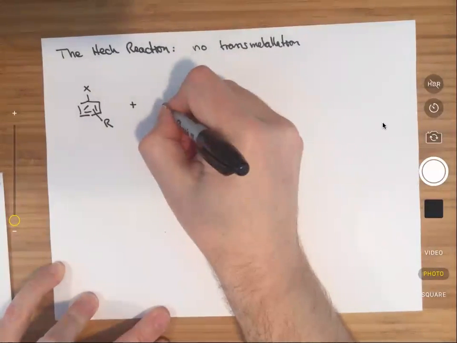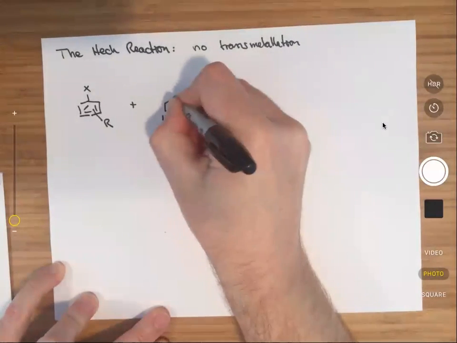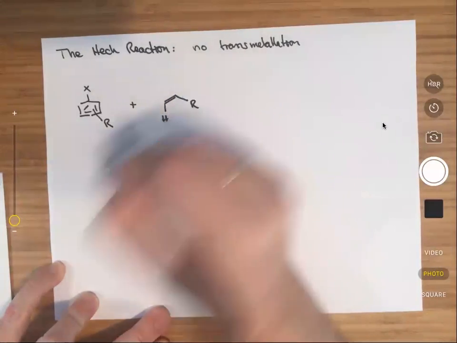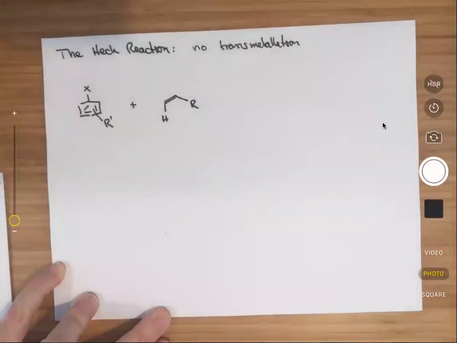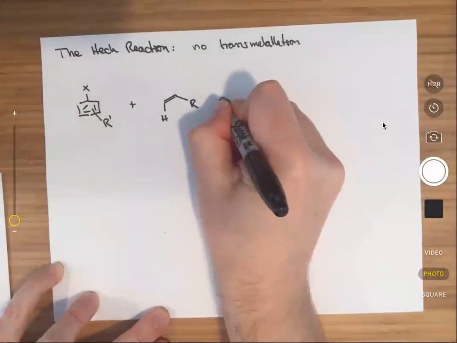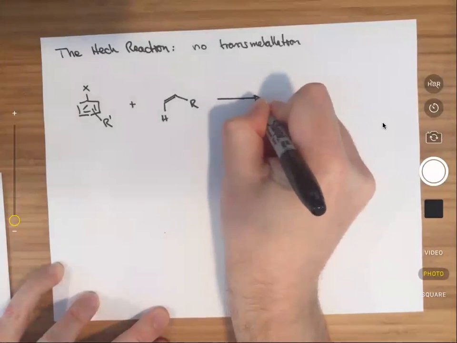So something like, let's say, you have something like this here. Let's call this R prime here, and this is R. And all you need in order for this to work is a palladium catalyst.